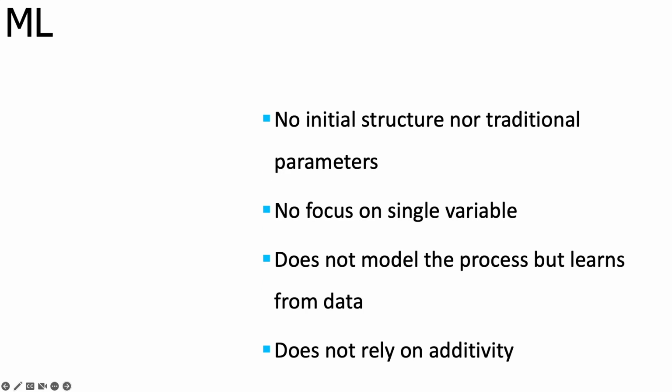On the other hand, in the case of machine learning, we have certain aspects. First of all, in machine learning, we do not have such big assumptions about structures or traditional parameters.